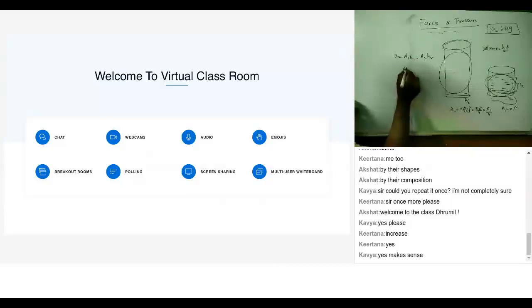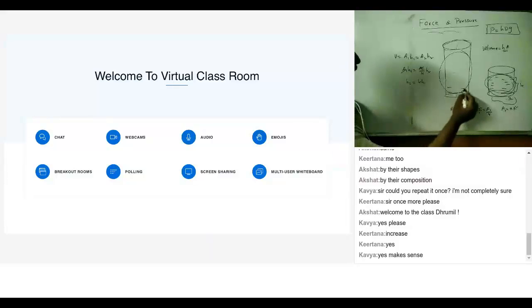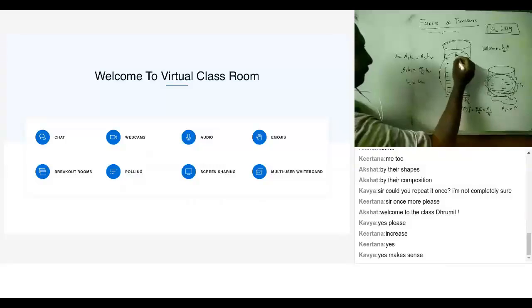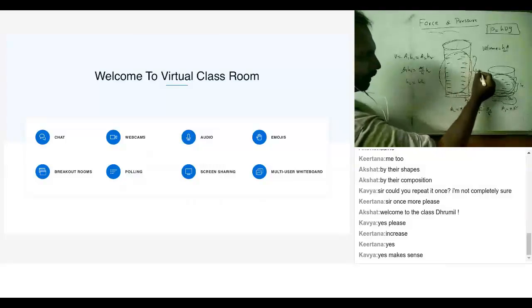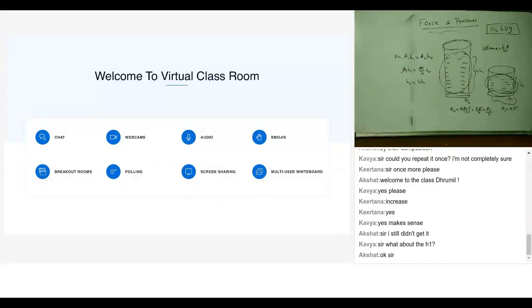A2 is A1 by 4 into H2. So A1 cancels. H2 equal to 4H1. So the fluid will go to a height of 4H1.